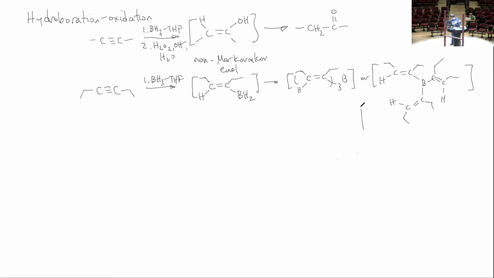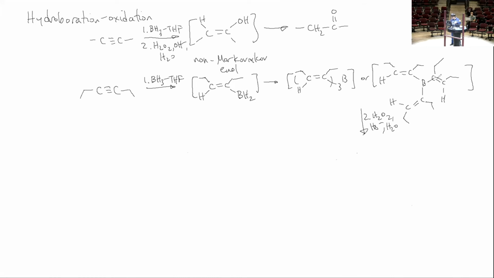And then comes the oxidation step, which we learned that mechanism too. Alkaline hydrogen peroxide. Mechanism is identical. Same mechanism as before. I think you'll remember how this works. You start with one of these alkynes, you get an intermediate that has three of those organic residues attached to the boron.